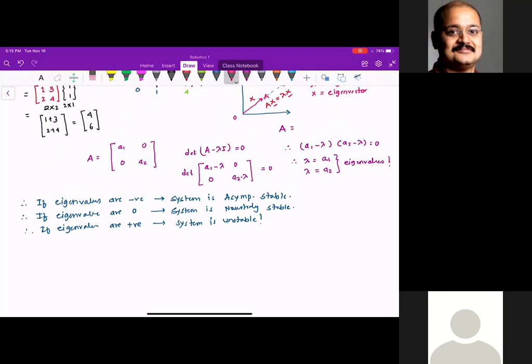So in other words, part of the system is neutrally stable, part of the system is asymptotically stable, and depending upon what part you excite, the system stability is governed. Okay. So this actually will require a little bit more discussion, but I'll do that. Just bear with me for a second.